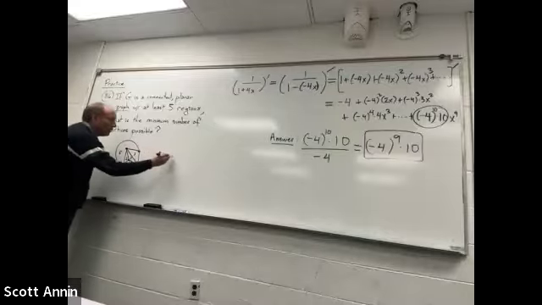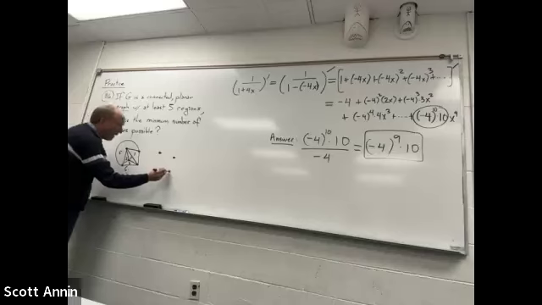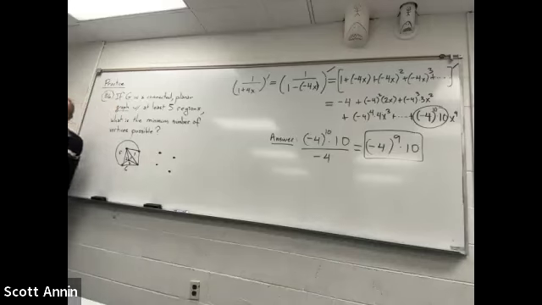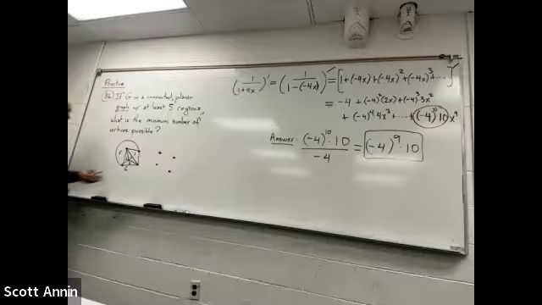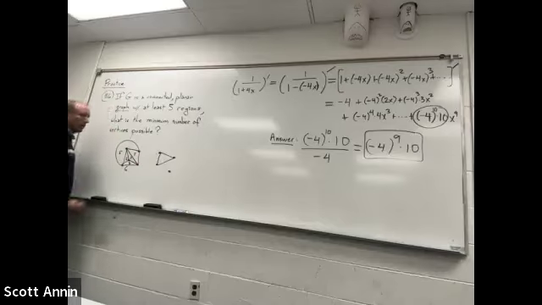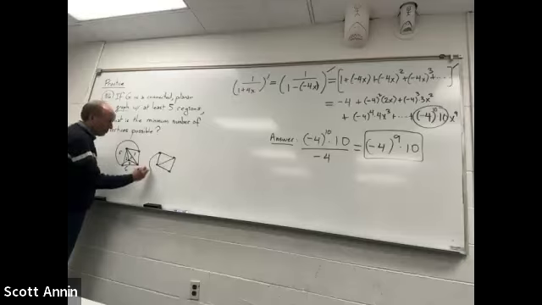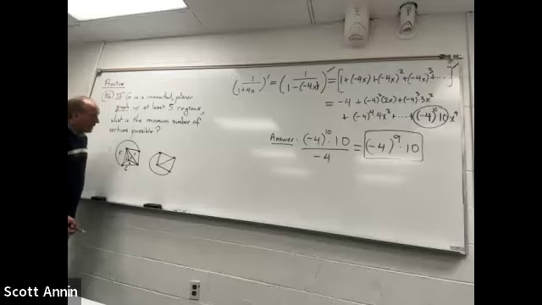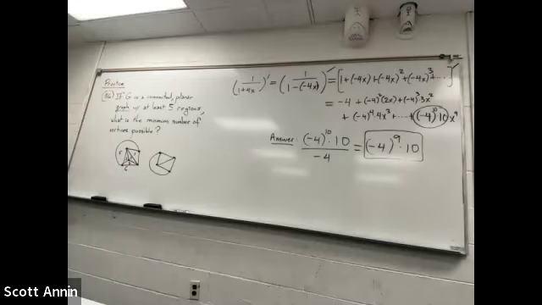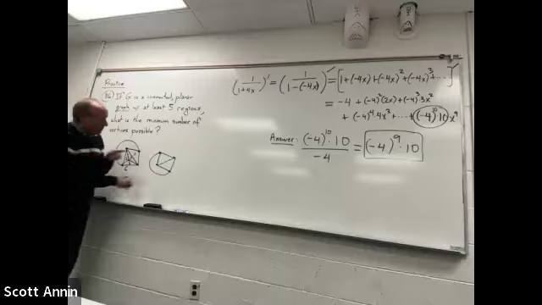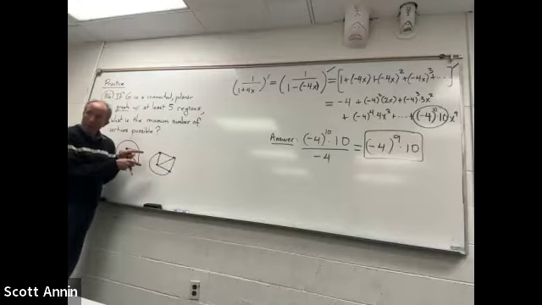Could you do it with 4? We could draw 4 vertices here and try our best to see if there's a way to make 5 regions out of this. I can obviously start with a triangle like that, and then make this like that, and go around like that. That's 4 regions. Can I add one more region somehow? The problem here, guys, is that what you have a picture of is K4.